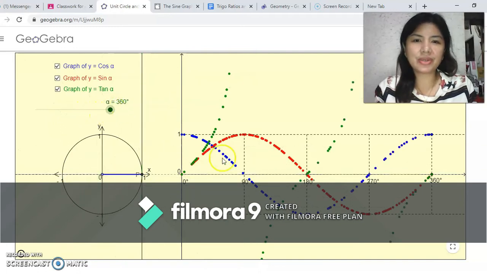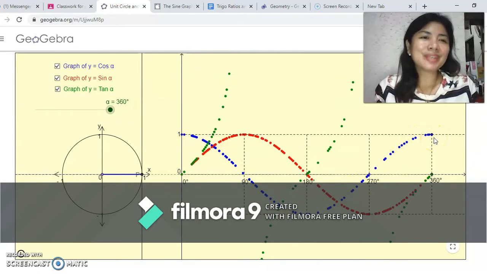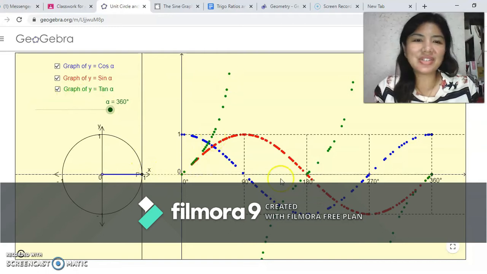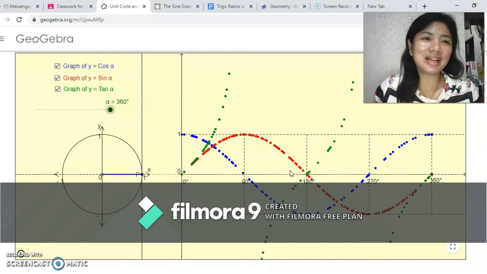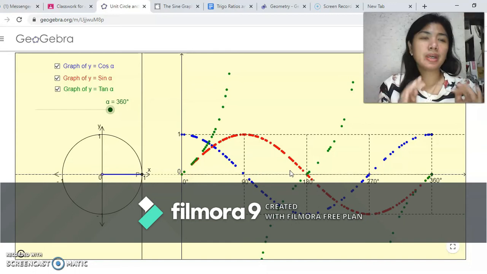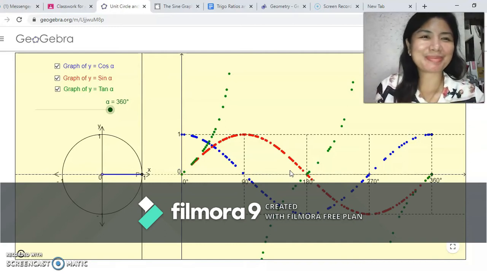So the blue line is the cosine graph and the green is the tangent graph. So it is basically telling us how the ratio of the triangle behaves. Sine is opposite over hypotenuse, and the cosine is adjacent side over hypotenuse, and the tangent is opposite over the adjacent side.